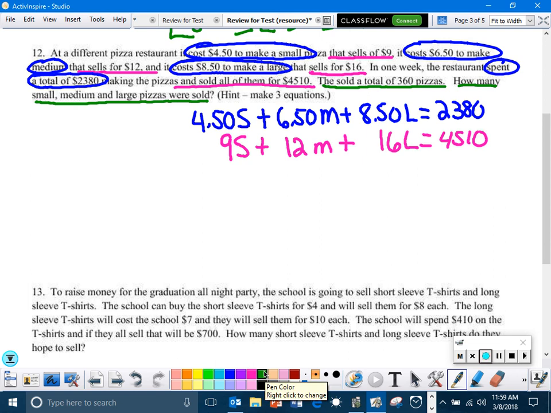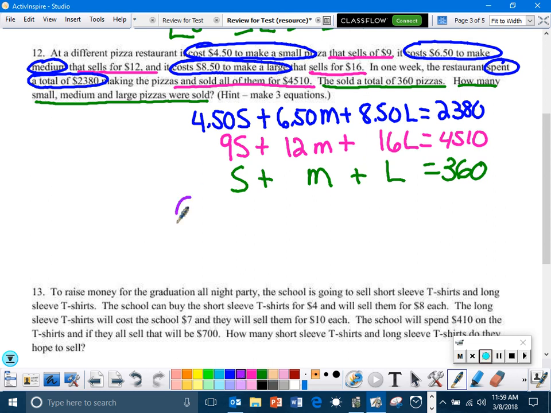Now there has to be 3 equations because you have 3 things, small, medium, large. So you have to have a third equation. Okay, they sold a total of 360 pizzas. So that's going to equal 360. Okay, we don't know how many small, medium, or large, so we're just going to put S plus M plus L. The number of small plus the number of medium plus the number of large is 360.